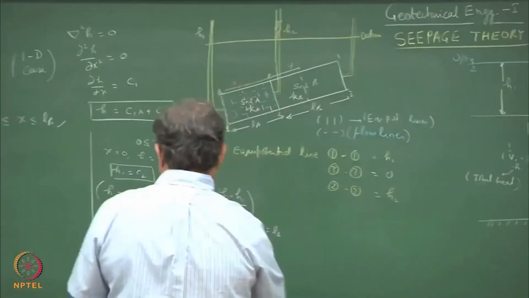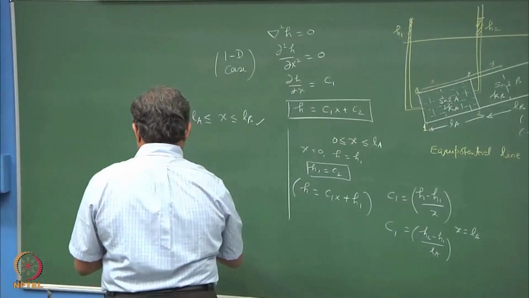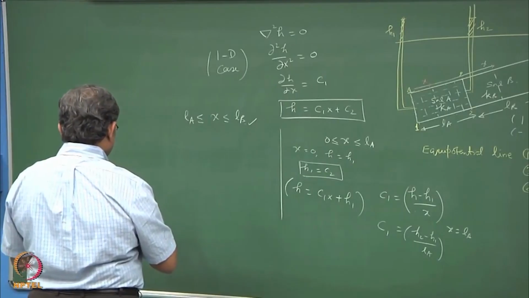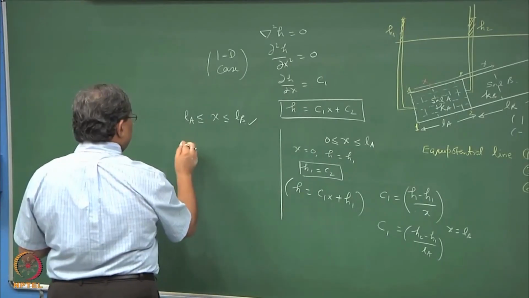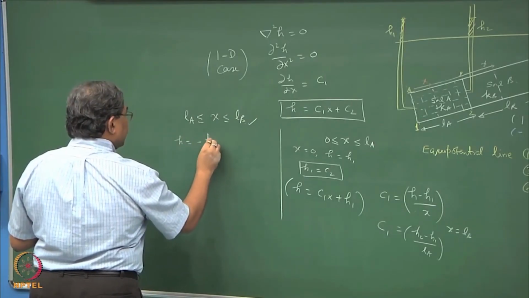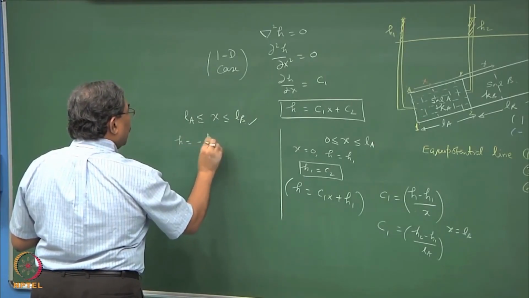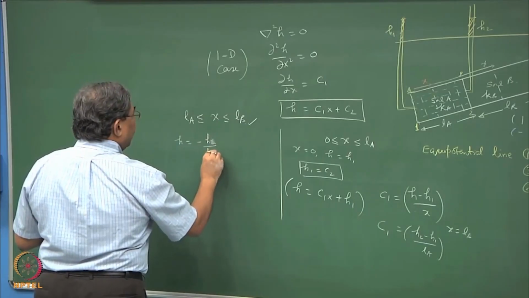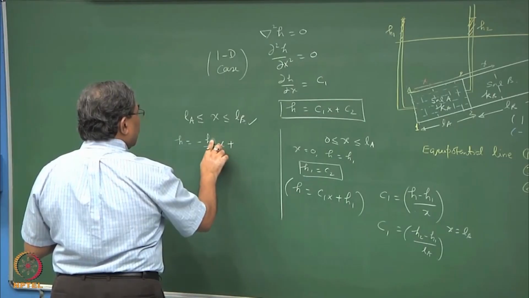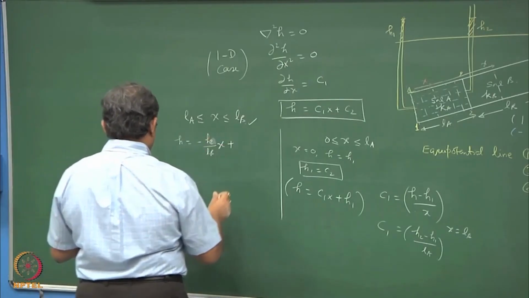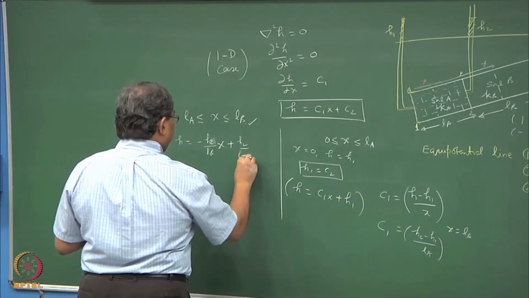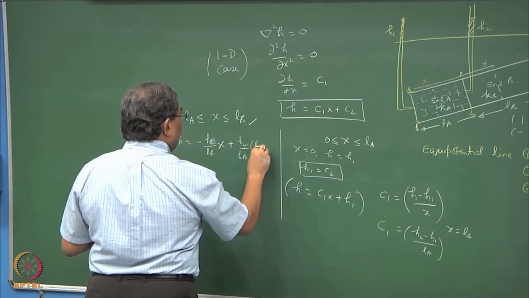You can show that in this case h will be equal to minus H2 upon LB times x plus H2 upon LB times (LA plus LB).